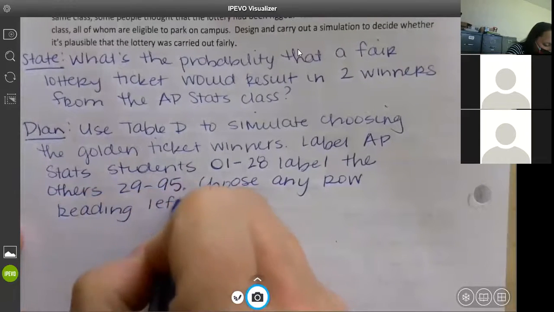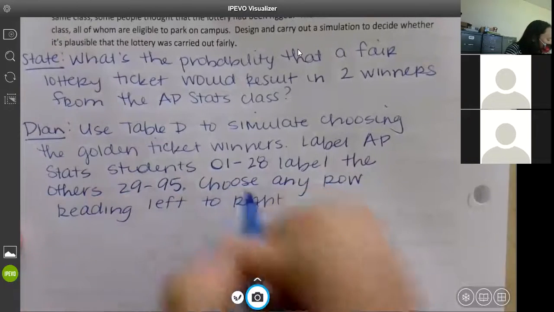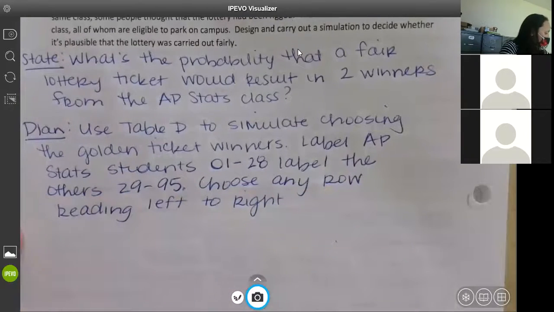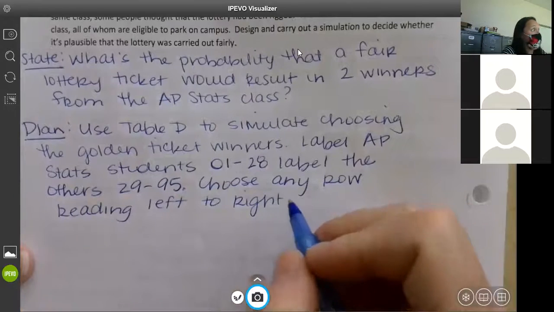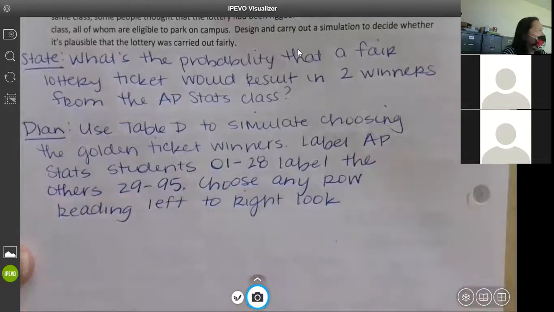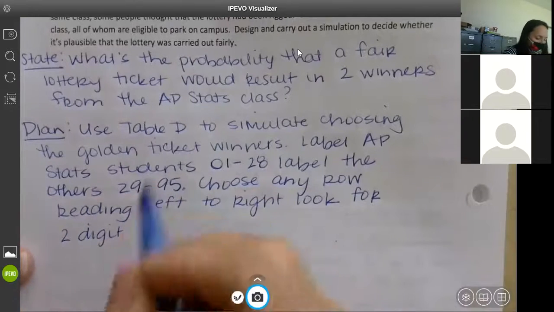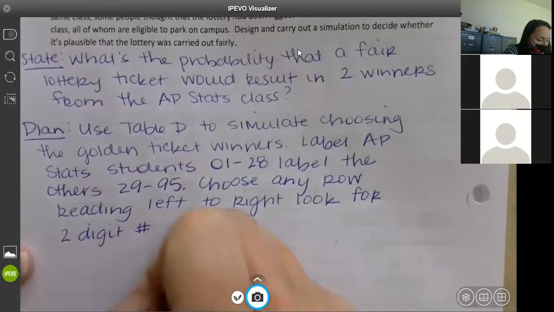Reading left to right. What are we going to look for? What kind of numbers? Look for 2-digit number pairs.